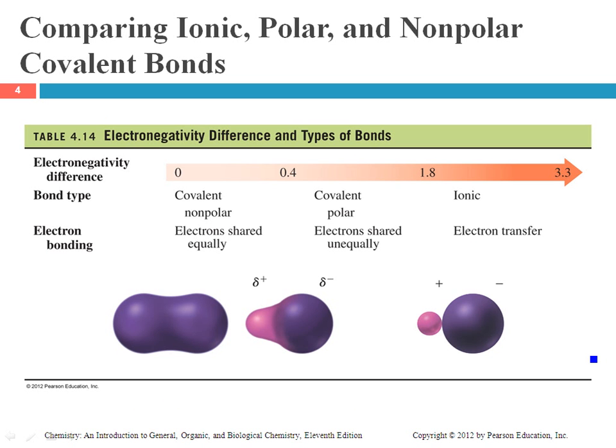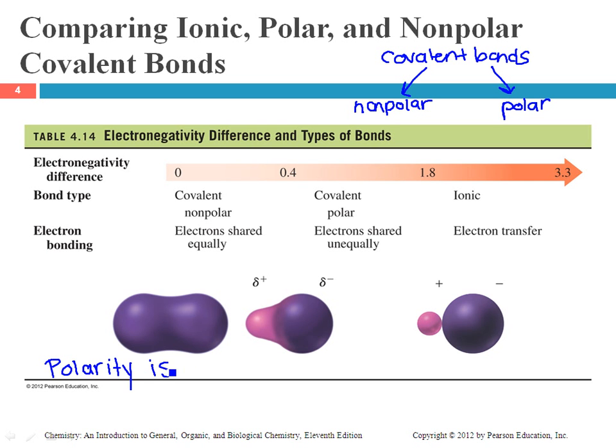Within the umbrella of covalent bonds, we have two types: nonpolar and polar. Another key thing to determine if it's nonpolar or polar is that polarity is based on electronegativity. EN is my abbreviation for electronegativity.